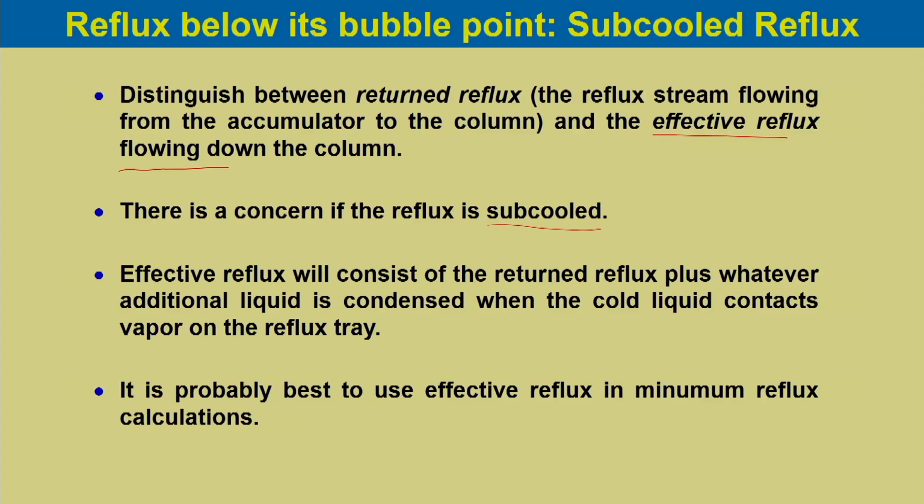Since it is subcooled, because of the low temperature it will condense some of the vapor which is going out from tray 1, the top tray. So, the liquid flow inside the column below the reflux tray will increase. It is probably best to use effective reflux in minimum reflux calculation instead of the return reflux.